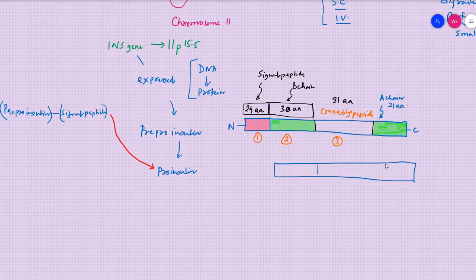Okay, so we are trying to diagrammatically show that the preproinsulin has become proinsulin.